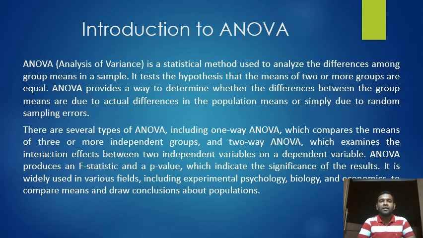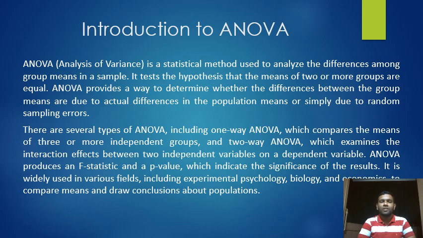There are several types of ANOVA, including one-way ANOVA, which compares the means of three or more independent groups, and two-way ANOVA, which examines the interaction effects between two independent variables on a dependent variable. ANOVA produces an F statistic and a p-value.